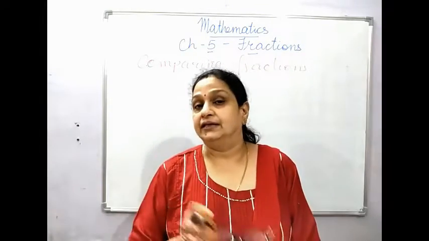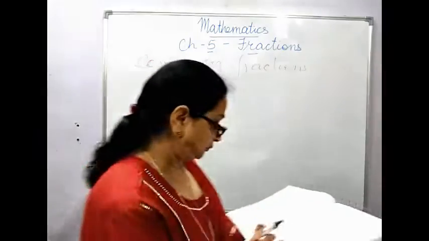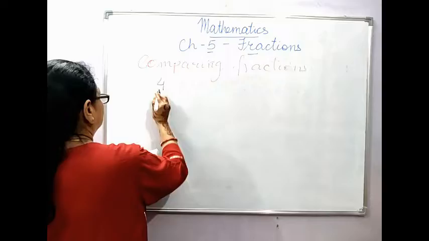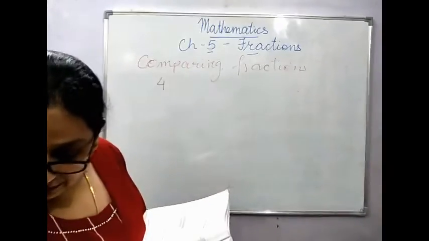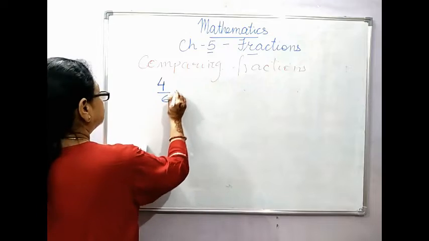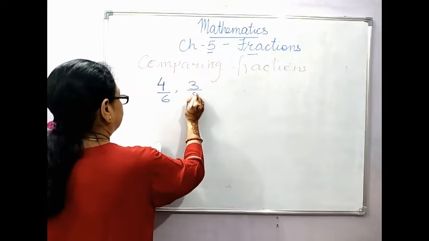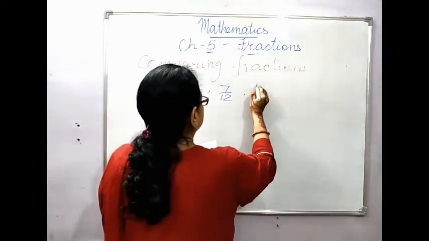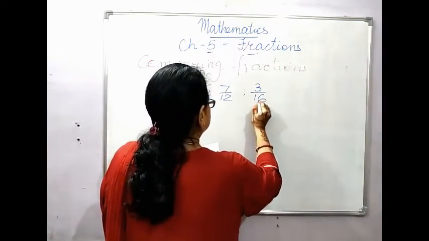How will you arrange? That we will do. Okay, it is given: 4 upon 6, 3 upon 8, 7 upon 12 and 3 upon 16.